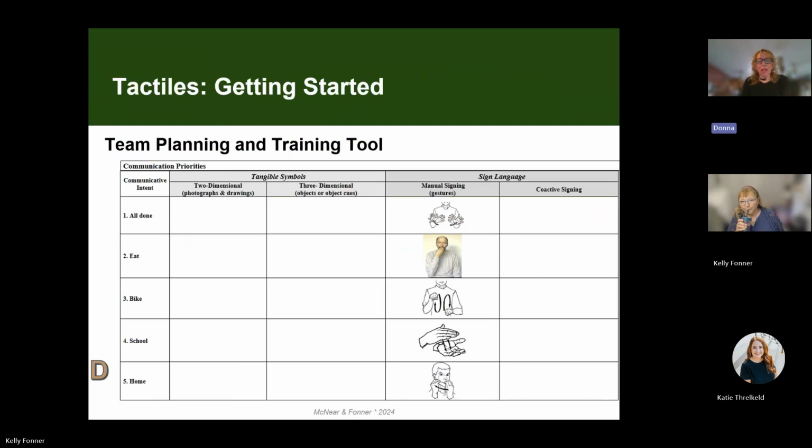So one of the things is it's all about getting started. How do you get started? You're sitting in a team meeting, and all the educators and parents and team members are saying, yeah, let's do more with tactiles or tangible symbols or sign language. Let's do more around communication.